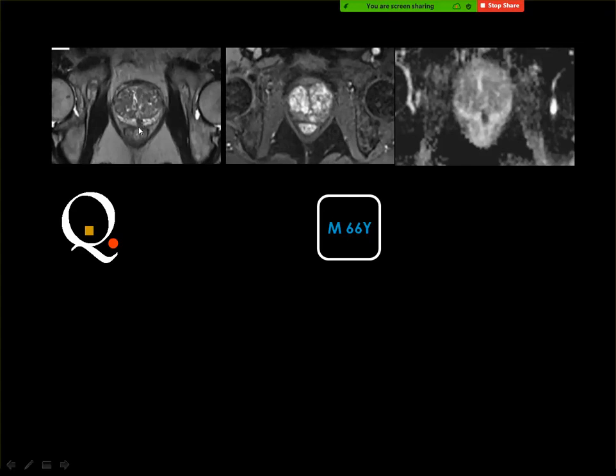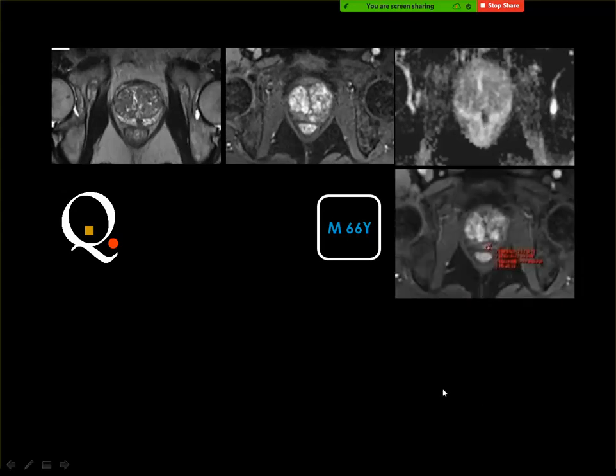But if you look carefully in the peripheral zone, you can see this low signal, a very small lesion in the peripheral zone to the left of the midline, and this lesion shows diffusion restriction. It is of bright signal in the diffusion. Now see, there is enhancement in the post contrast fat suppressed T1 weighted image, and you see in the ADC that the lesion is showing diffusion restriction, and this is compatible with prostatic cancer. And you know that many cases have prostatic hyperplasia, and they can develop prostatic cancer in the peripheral zone.